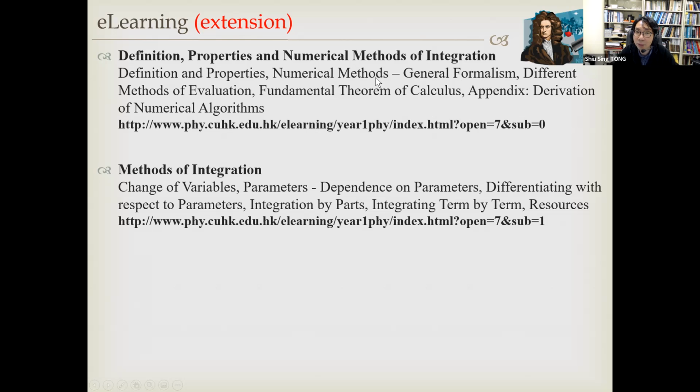If you would like to learn more about the general formulas and numerical methods for doing integration, you may take a look at this. And there are also more difficult integrals outlined in this section on methods of integration. Okay, so we stop here for this part.